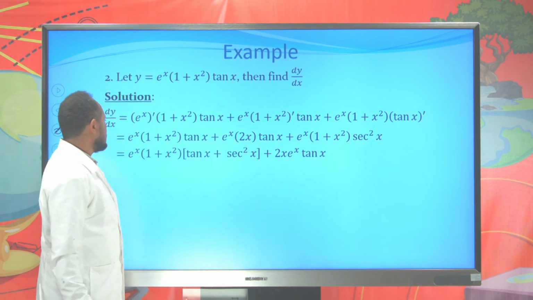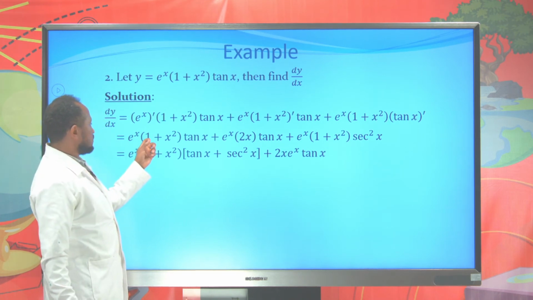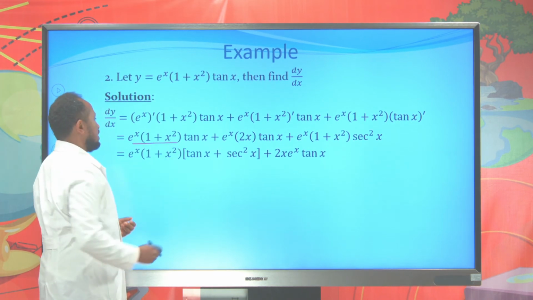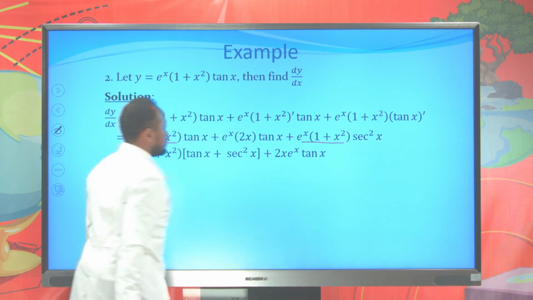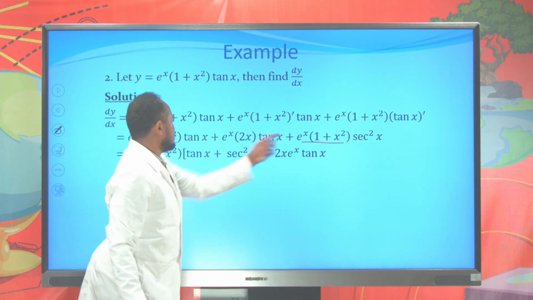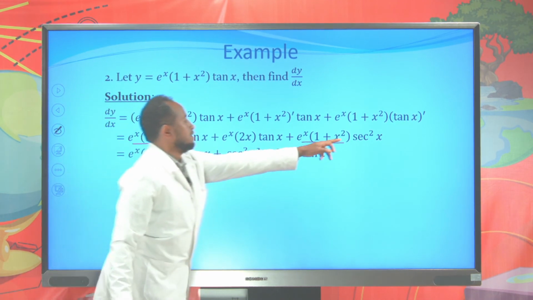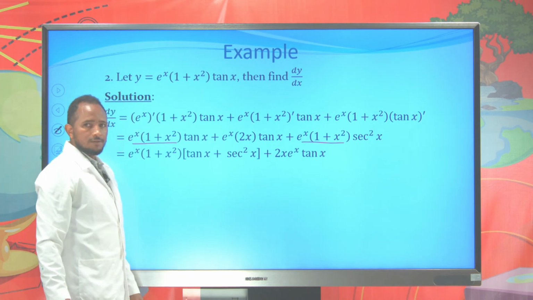Rearranging by taking e raised to x times 1 plus x squared as a common factor, we have e raised to x times 1 plus x squared times tan x plus sec squared x, plus 2x e raised to x tan x.